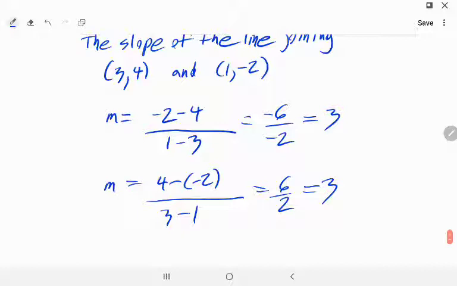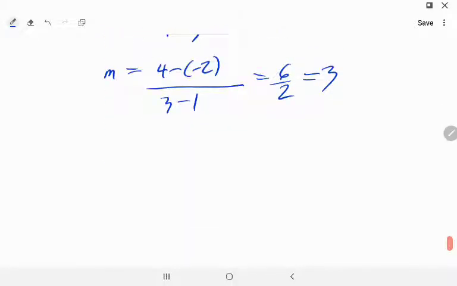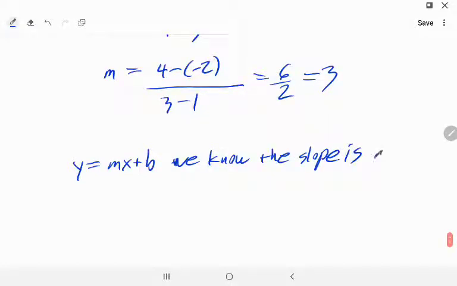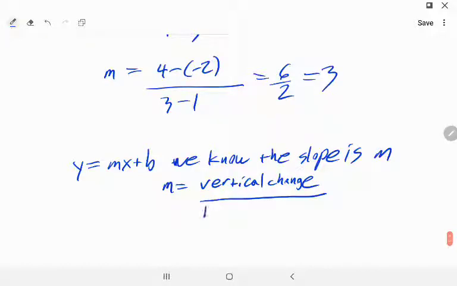So then we notice that we've got the slope. Next thing we're interested in is the intercepts. If we write an equation in the form y equals mx plus b, this lets us know that the slope is m, and we just think of that as vertical change divided by horizontal change.